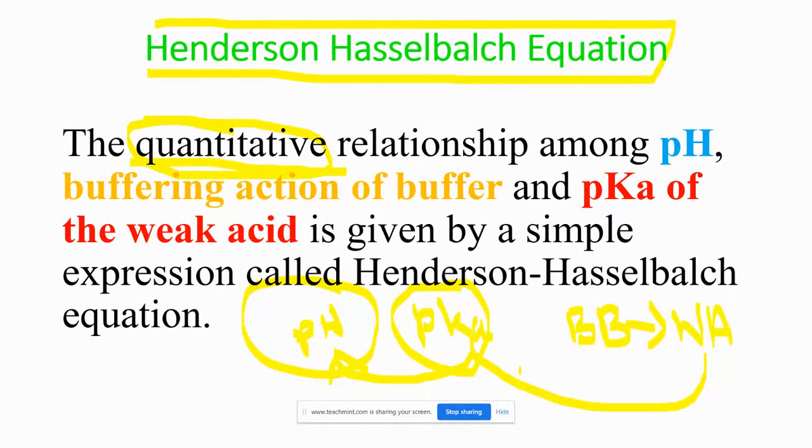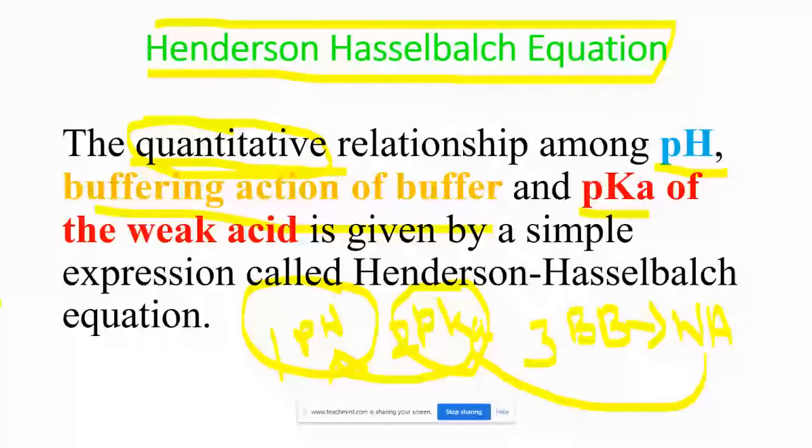Quantitative means that if one changes one time, the other changes two times, or three times. Like that we can quantify the relationship.